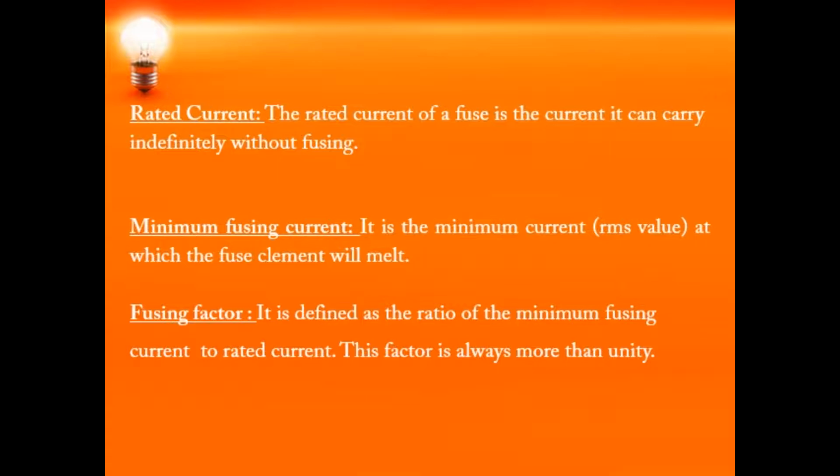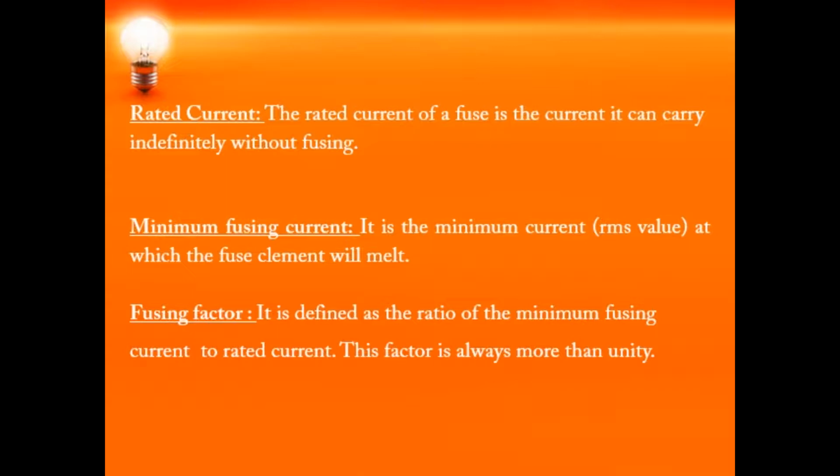This minimum fusing current depends on various factors such as the material which is used, the material length, its shape, the area of cross section of the element, size and location of the terminals, the type of enclosure which is used, and how many strands are there in the fuse wire, whether it is a single strand or multiple strands.